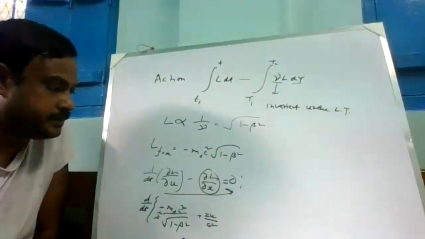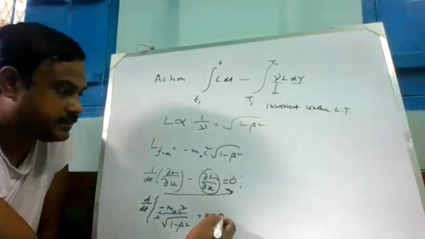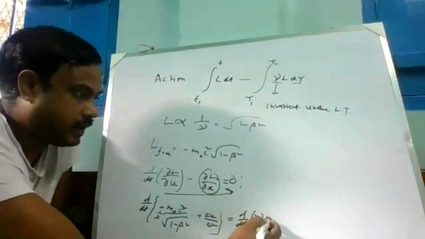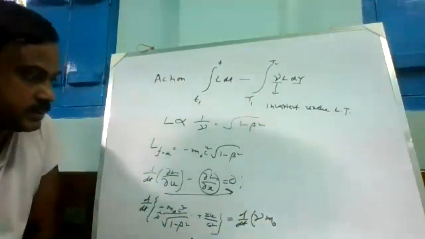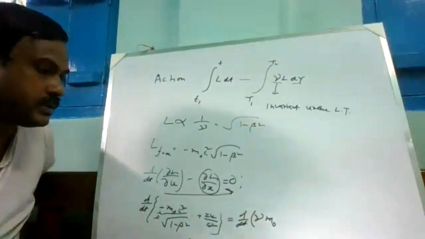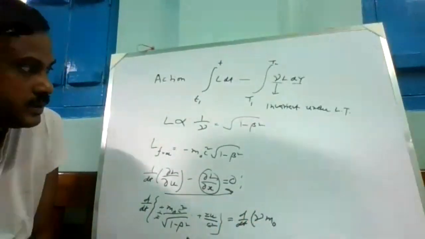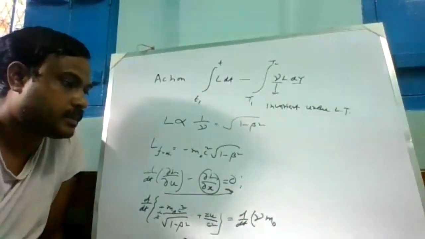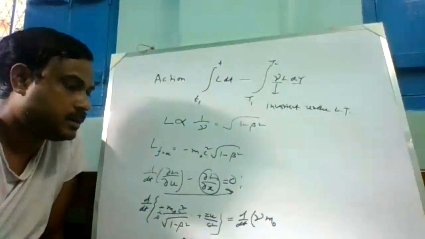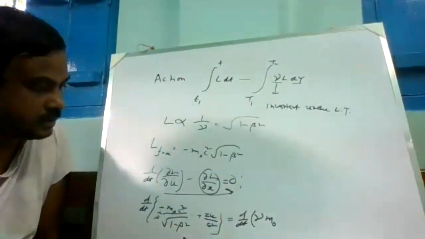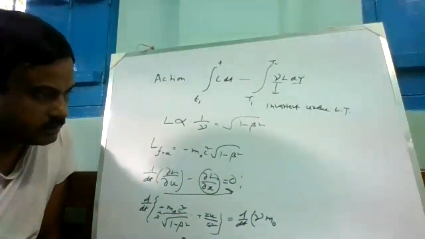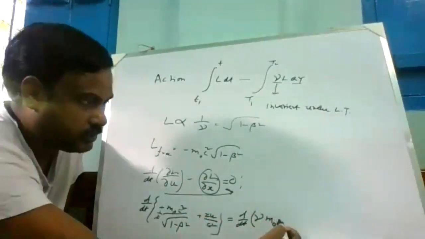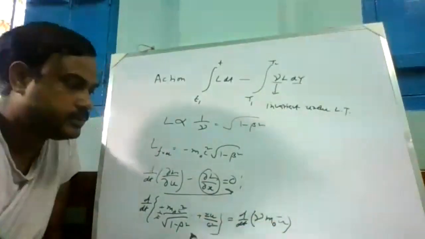So it will simply become gamma m0 u. So this equals d/dt of gamma m0 u.